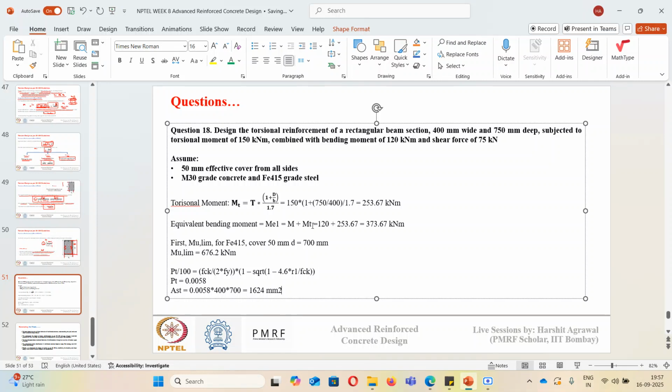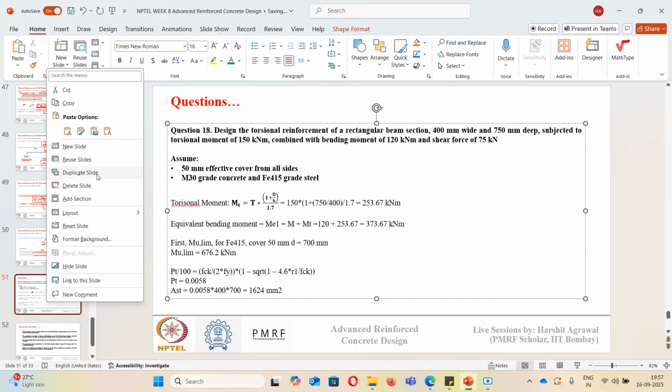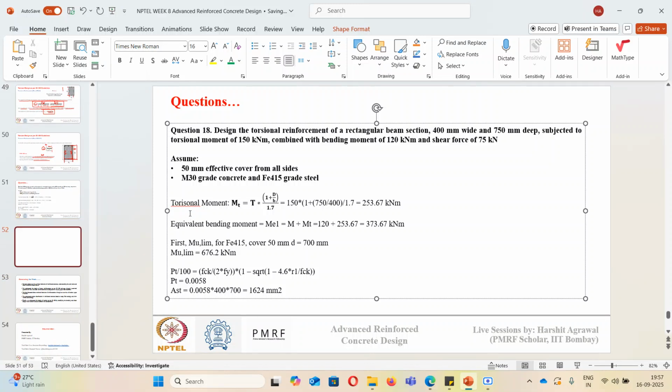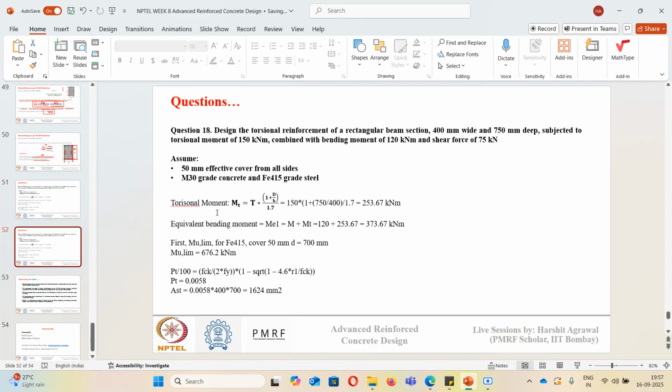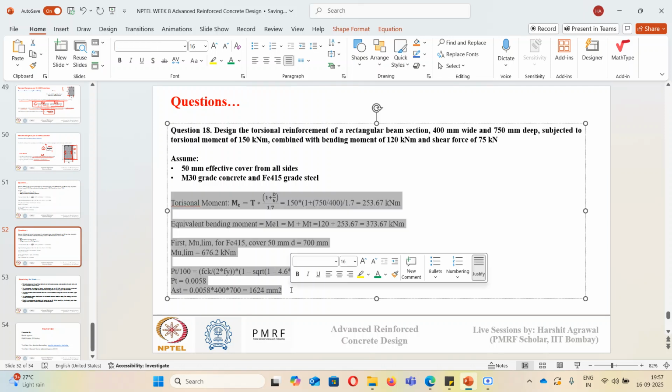However, if you see here, Mt is more than M, 253.67 is more than 120. So this means we need to provide reinforcement on the compression side also. For this, how will we design?